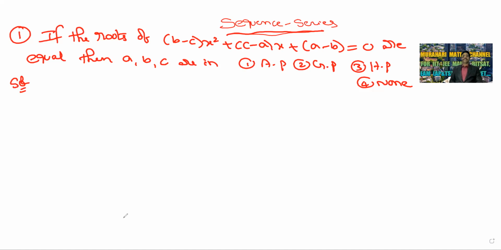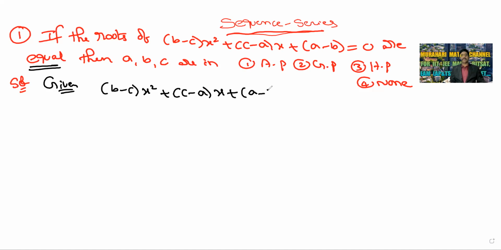So what is given? The roots of the quadratic equation are equal. The given equation is b minus c into x square plus c minus a into x plus a minus b equal to 0. Roots are equal, so let us take x is equal to 1.